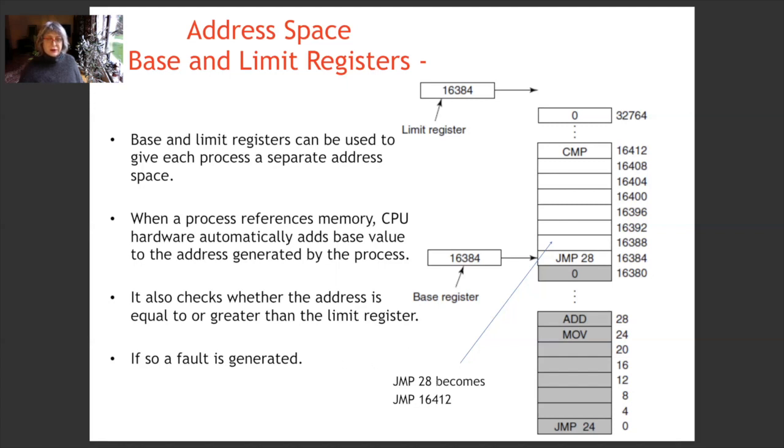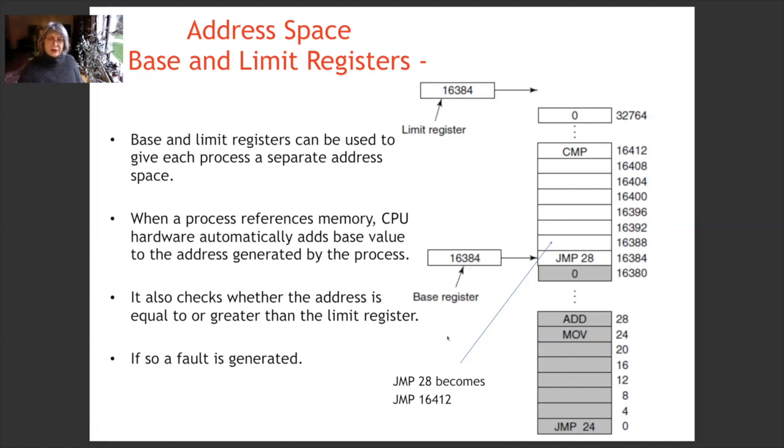If we consider the base register given in this example, notice that we have a jump instruction for the second one. This is saying jump to location 28. When we are using the base register, this logical address is added to the base register.